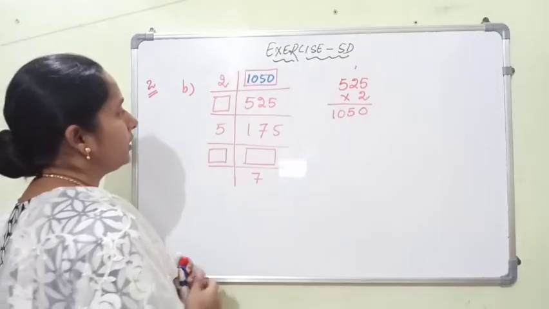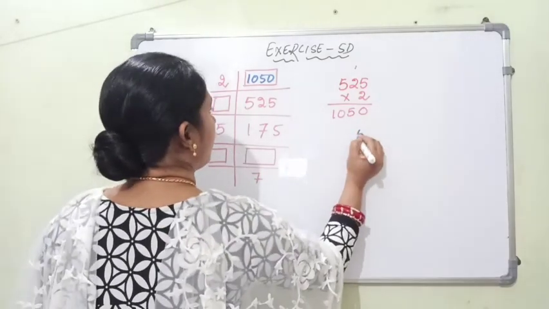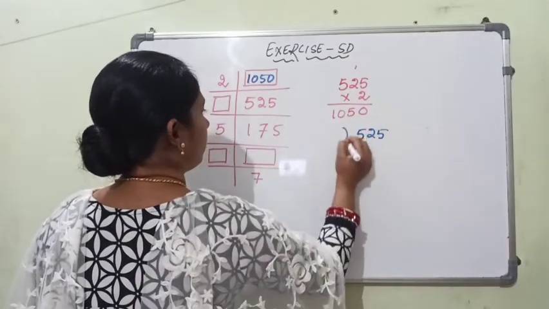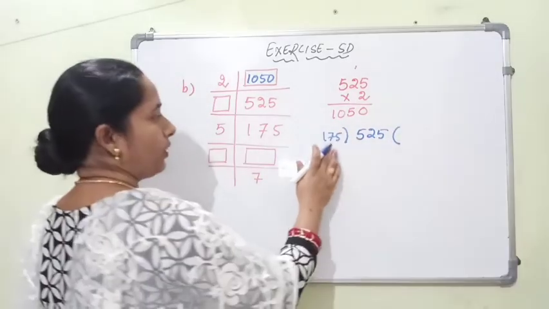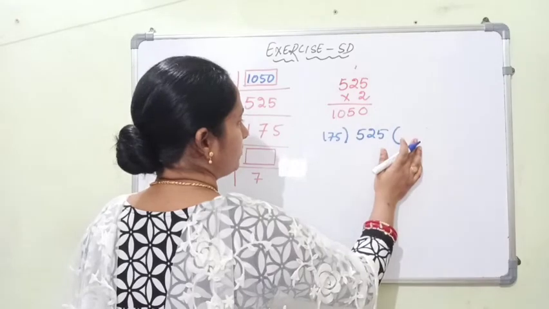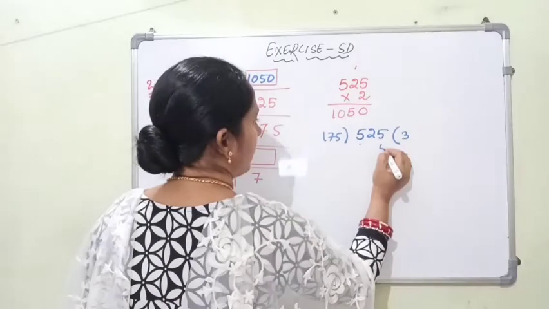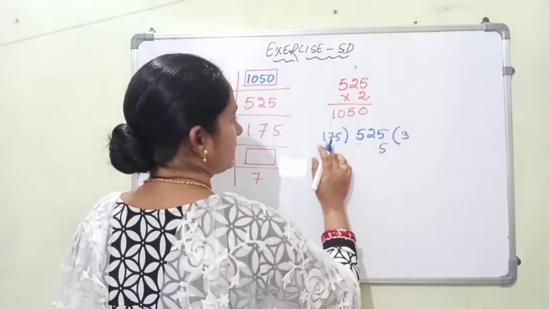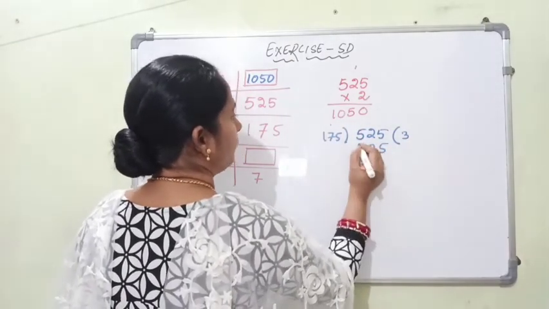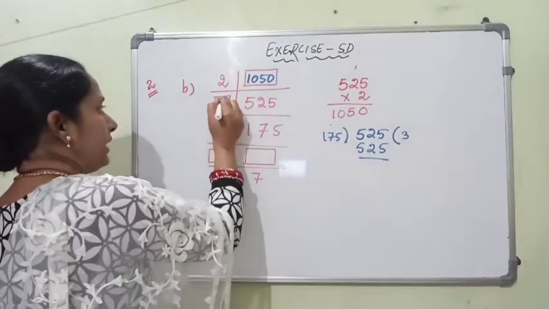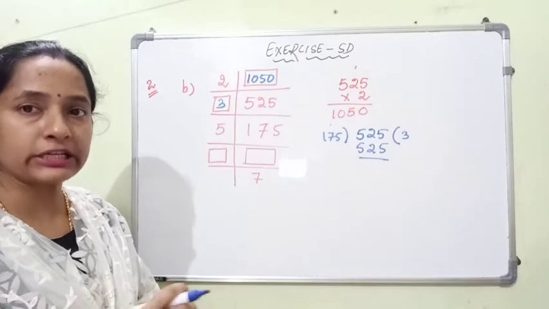Find out by dividing 525 by 175. Right, 175 how many times will go? It will go 3 times. 3 fives are 15, 5 and 1, 7 threes are 21, plus 1 is 22 and 2, 3 twos are 5. Right, so you get a 3 here. Children, don't get confused.